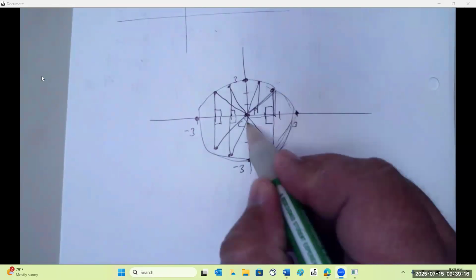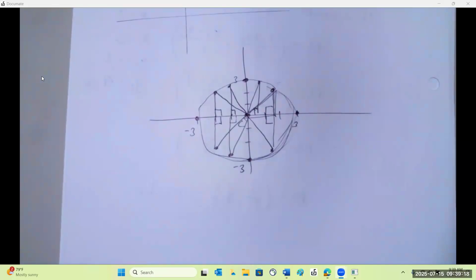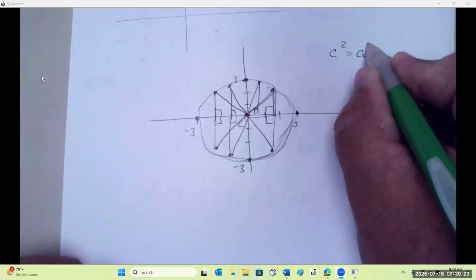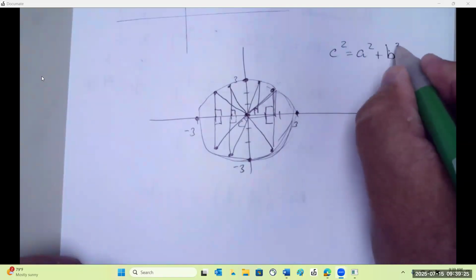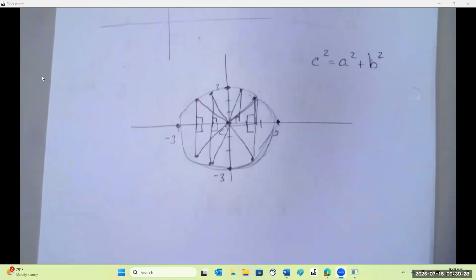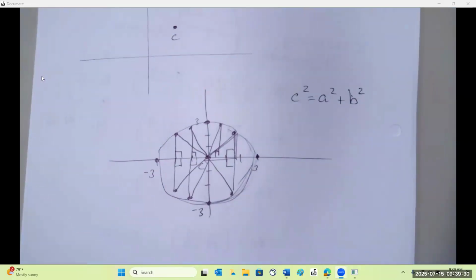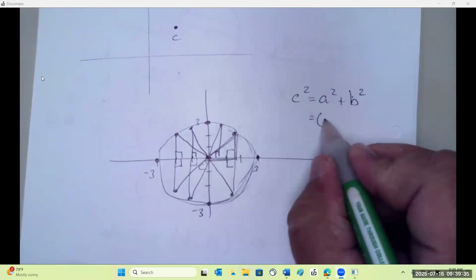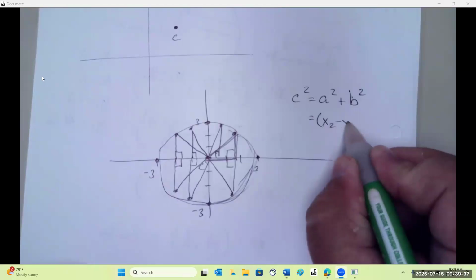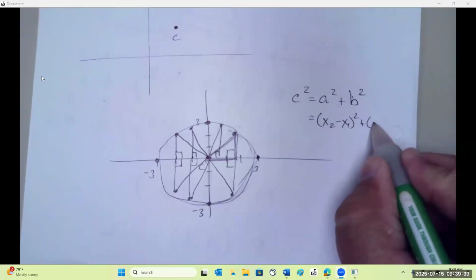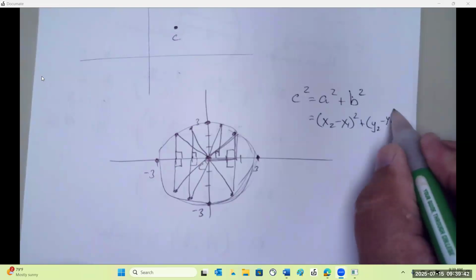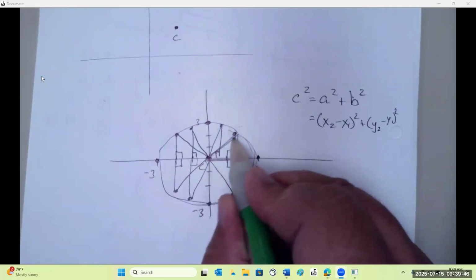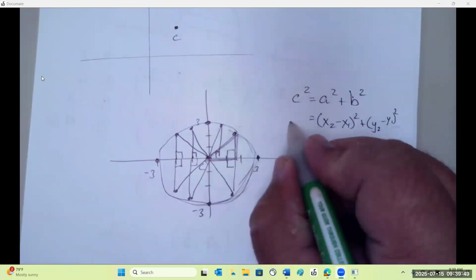Well, we know that it's the Pythagorean theorem. The a is the horizontal axis, so it's x2 minus x1 squared plus y2 minus y1 squared equals, now instead of the hypotenuse, the c value, it's now the radius.